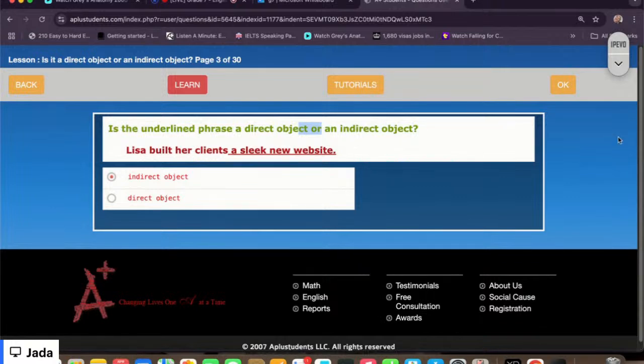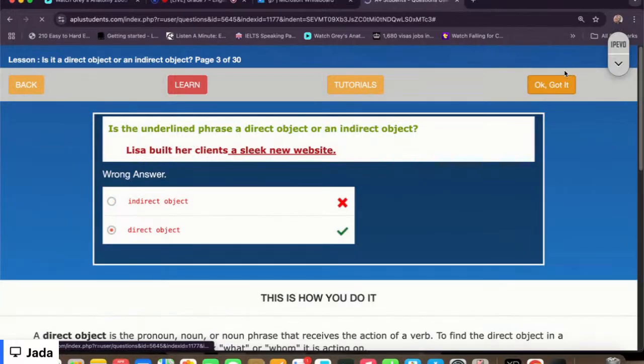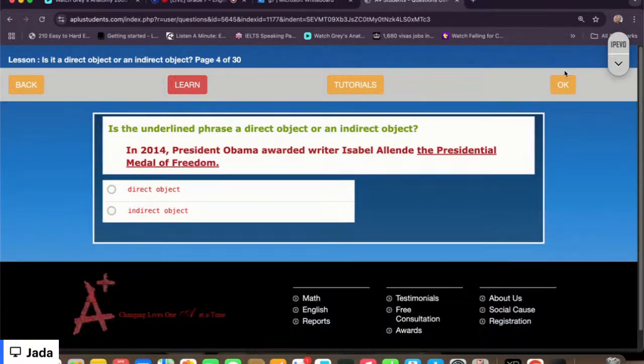Okay, so we have direct object also. If you click on indirect, of course it is wrong, because this is a direct object. In 2014, President Obama awarded writer Isabel Allende the Presidential Medal of Freedom. So what is this?